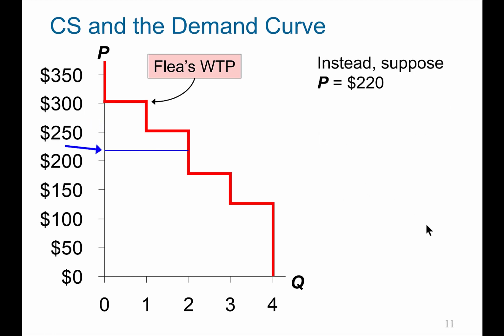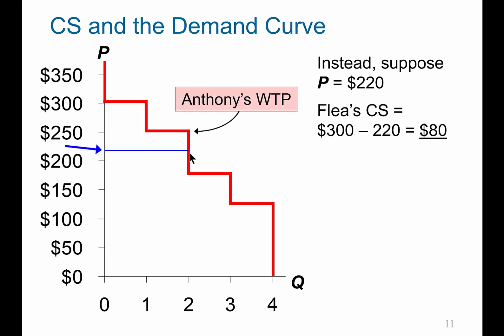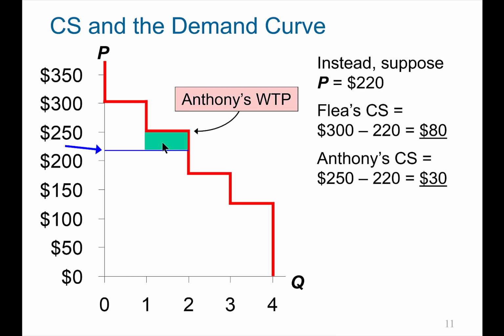Suppose the price drops to 220. Now Anthony's like, "Okay, yes, I'm in." Flea's consumer surplus is going to change because he still values it at 300, but now he's only paying 220. Therefore, Flea's consumer surplus is $80. This yes of getting the good. And Anthony's buying it too. His yes isn't as big because his willingness to pay is lower, but he still has some consumer surplus, right?